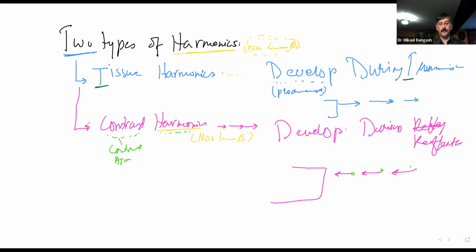And what that will produce is ultimately what we'll call contrast harmonics. But those contrast harmonics develop during reflection. So tissue harmonics develop during transmission.